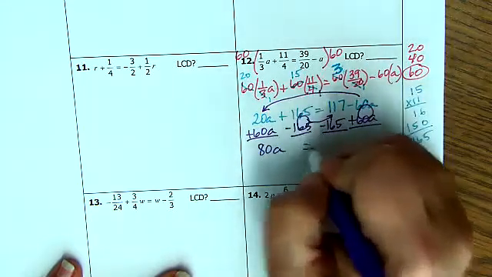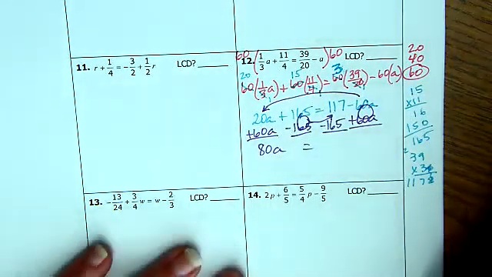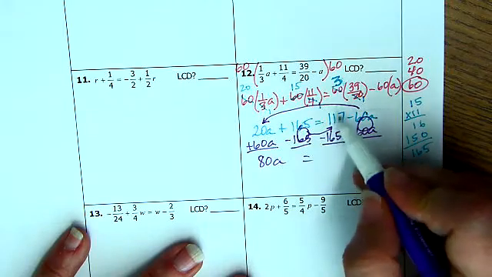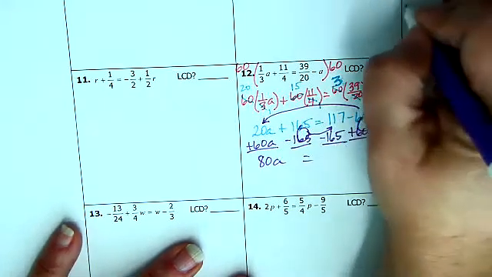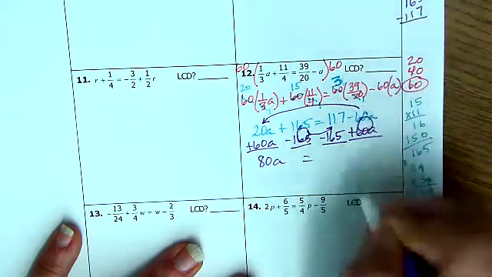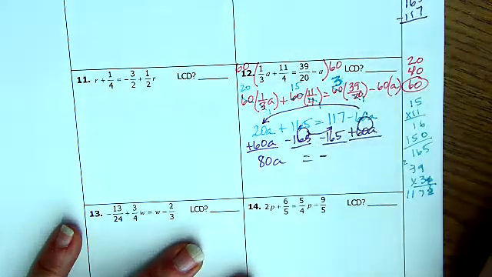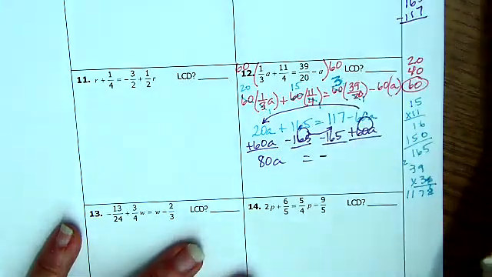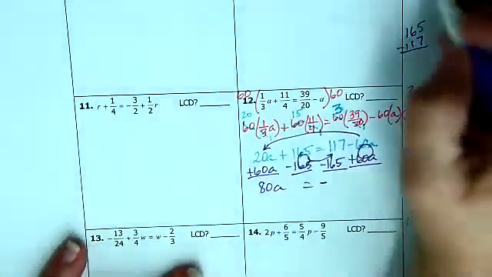This cancels out. So I've got to do the calculations of, this one is bigger than 117, so I cannot subtract them the way they are. I have to do 165 minus 117, but I know that my answer is going to be negative because this 165 is negative. But I have to subtract big minus small.